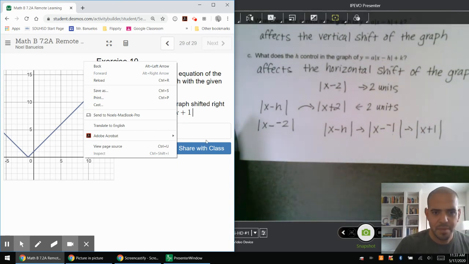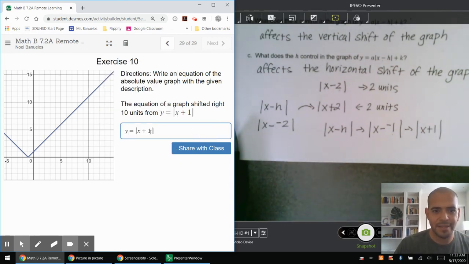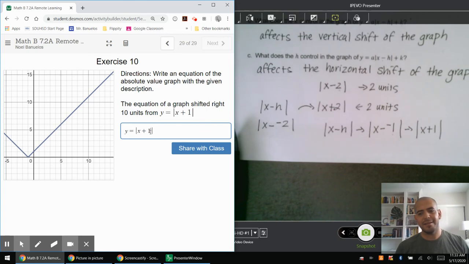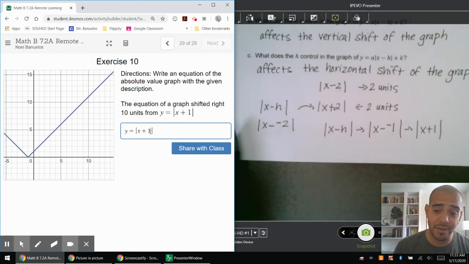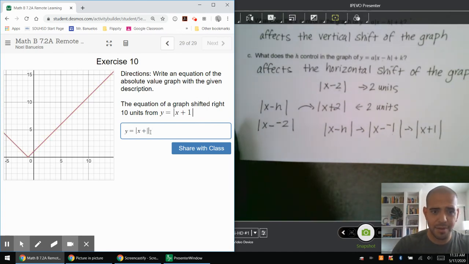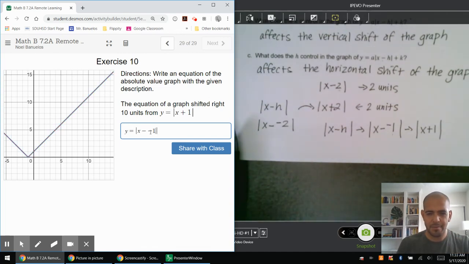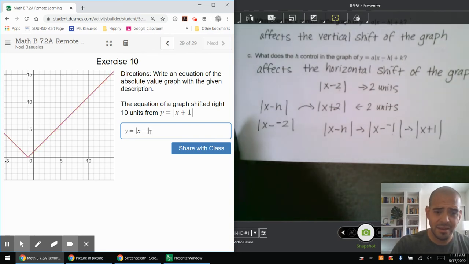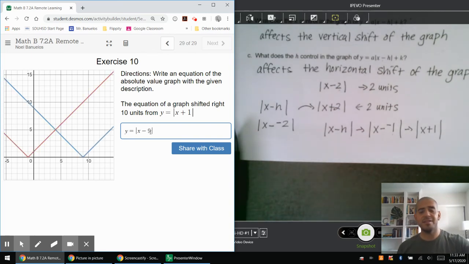So if I want to move it to the right 10 units, you've got to think about it, minus -1, right? Because x plus 1 is the same thing as x minus -1. So if I want to move it to the right 10, -1 plus 10 is 9. And there you go. You essentially just moved it to the right 10 units. I know, that one was a little tricky.